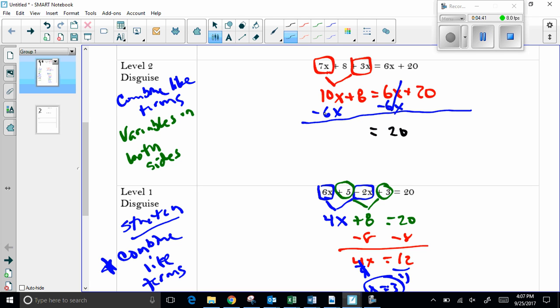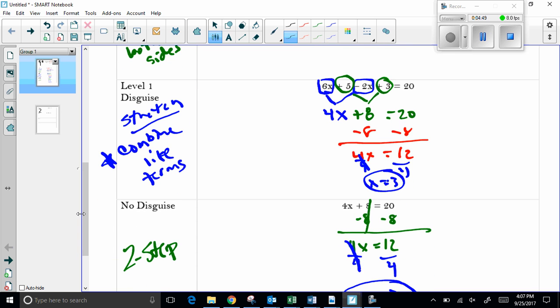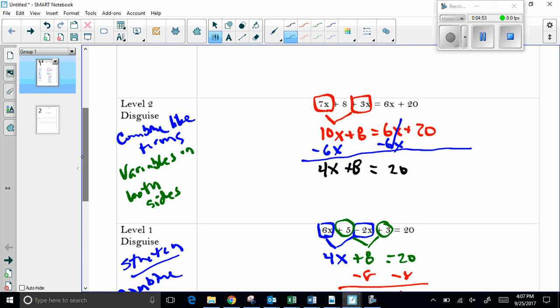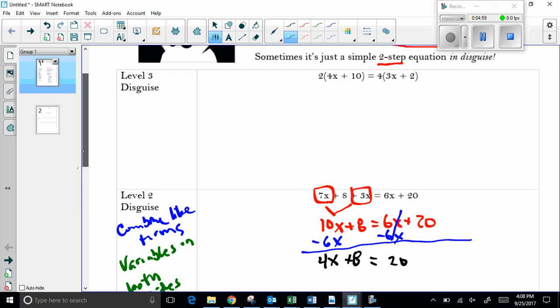And on this side, 10x minus 6x makes 4x plus 8. Now, I don't know if you've ever seen this equation before, but if I keep scrolling back down, each one of these ended up just being 4x plus 8 equals 20, which might give you a clue on what's happening in the next equation.